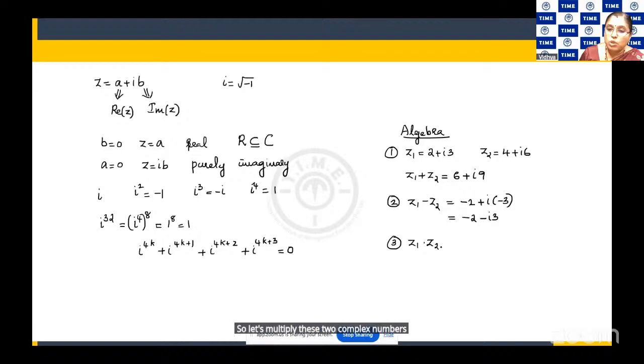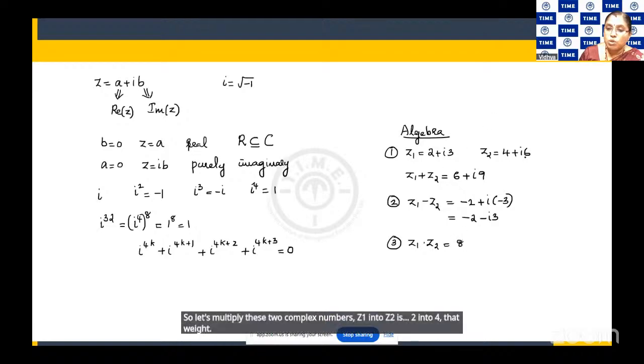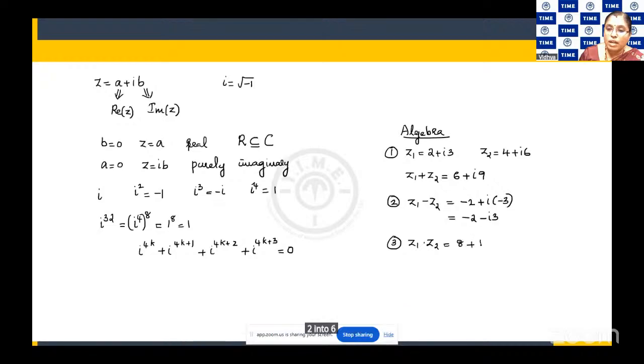Z1 into Z2 is 2 into 4, that is 8. 2 into 6, that is 12i. Then 3i into 4, it's again 12i. Then plus i square into 3 into 6, that is 18. So we have 8 plus 24i and minus 18.